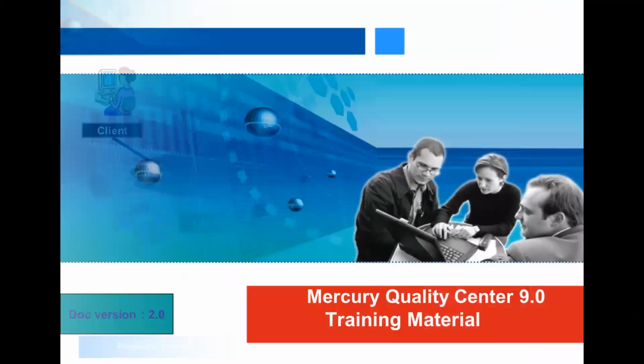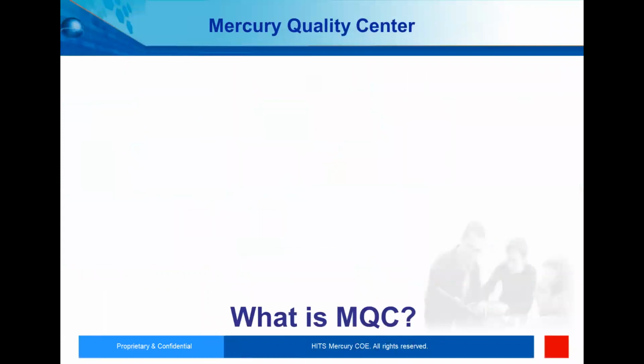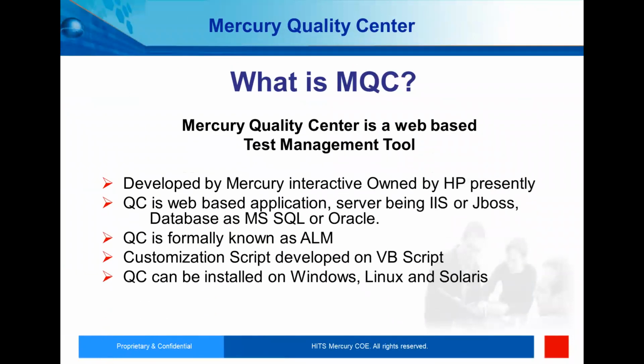This is also named Mercury Quality Center. What is Mercury Quality Center? QC is a web-based application server, being IIS or JBoss and all. That means how we will use QC, guys, is we get the URL, give the username and password, and log in to the application.